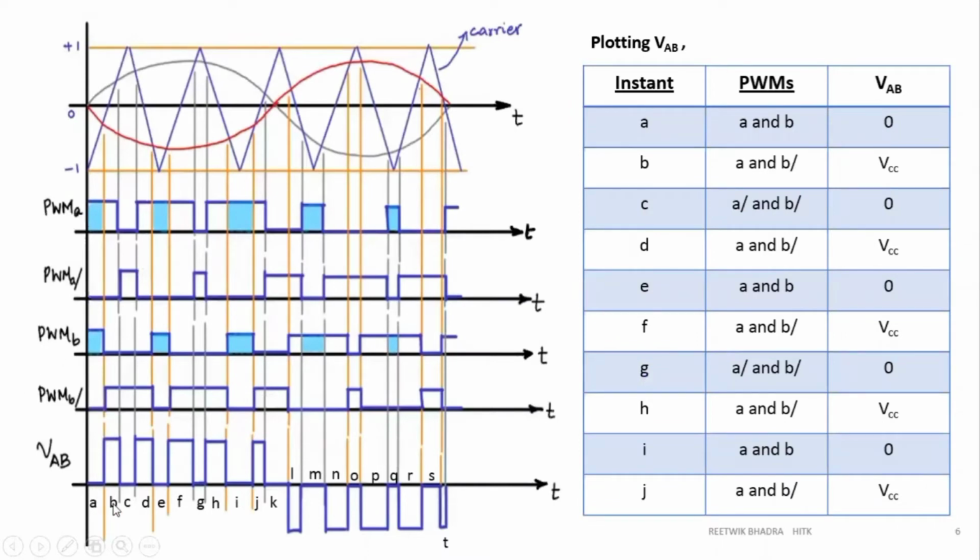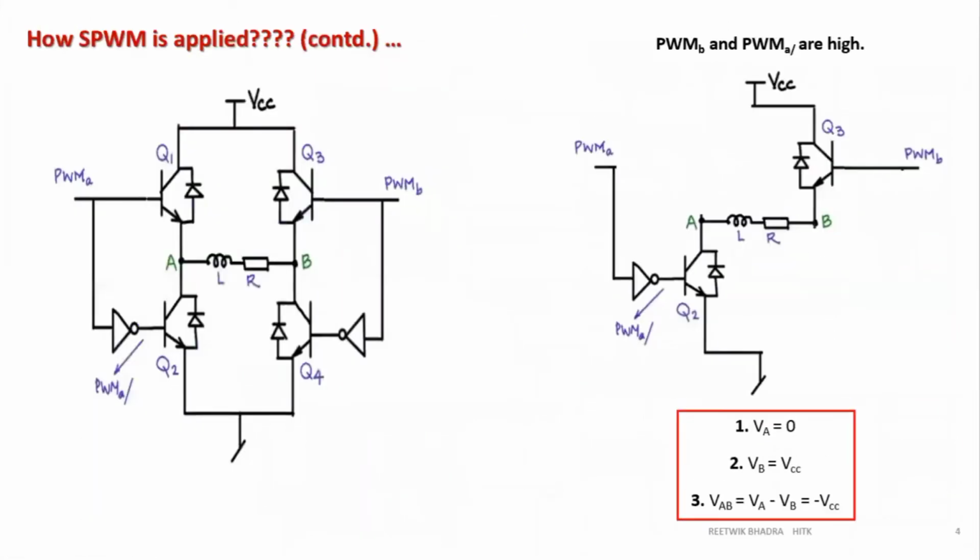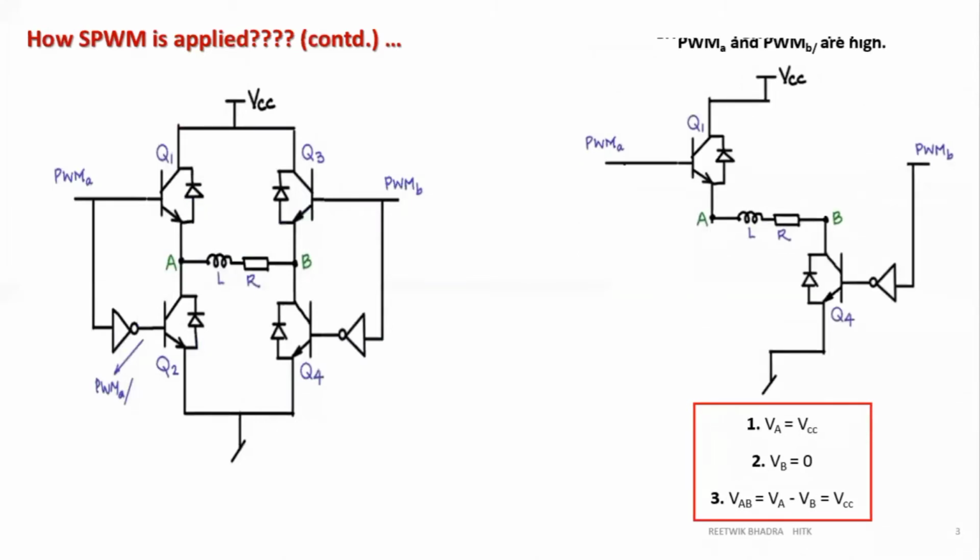Now the second instance B. In the second instance B, if you go to this figure, you see over here PWM B bar is high. So B is low, A bar is low, A is high. So I can say A and B bar are high. That's why I've written A and B bar. Now you go to your previous calculations. A and B bar are high, what was my VAB? VCC.